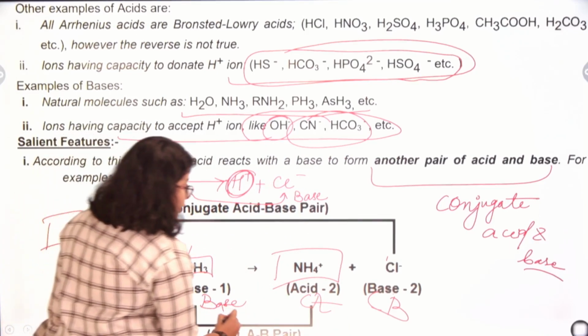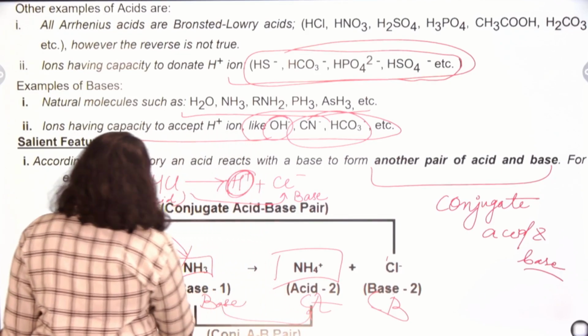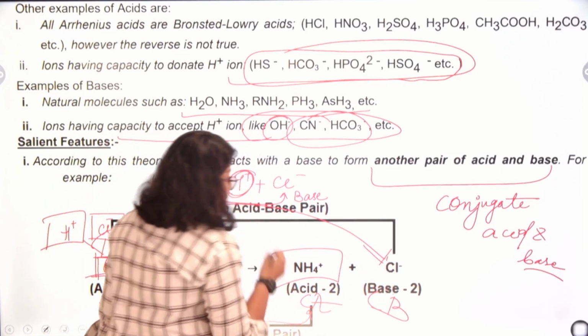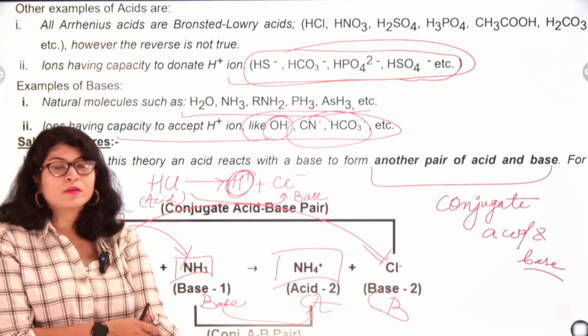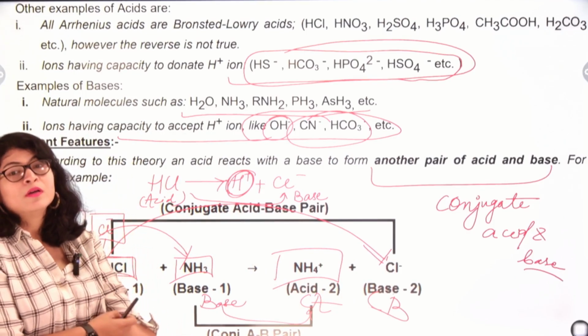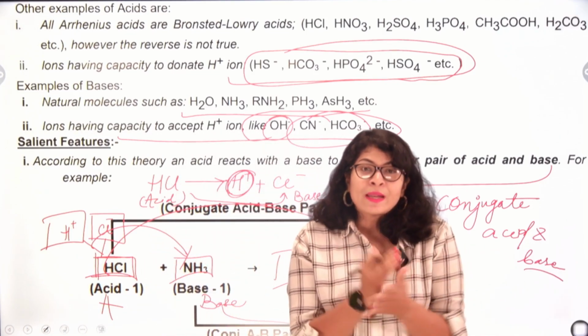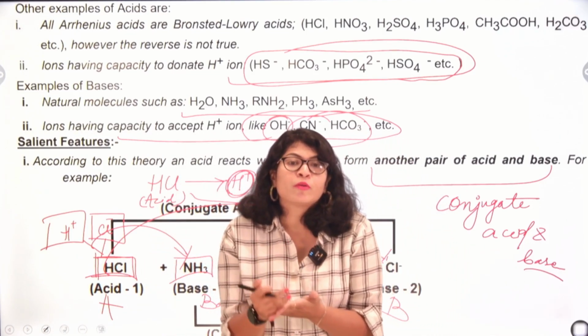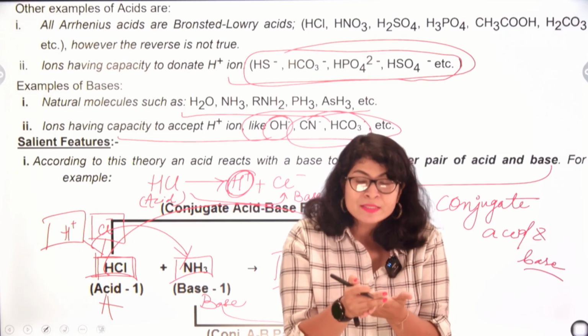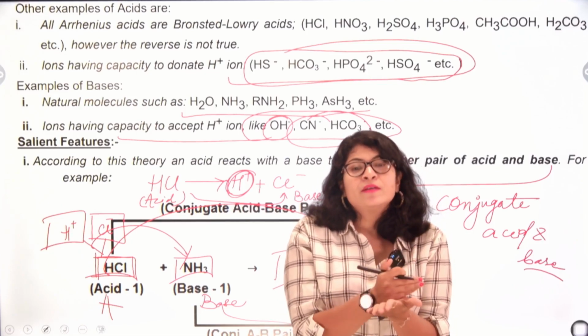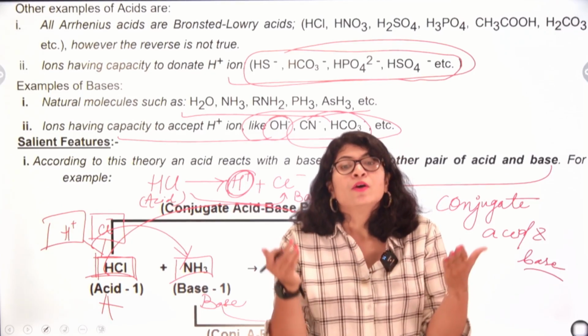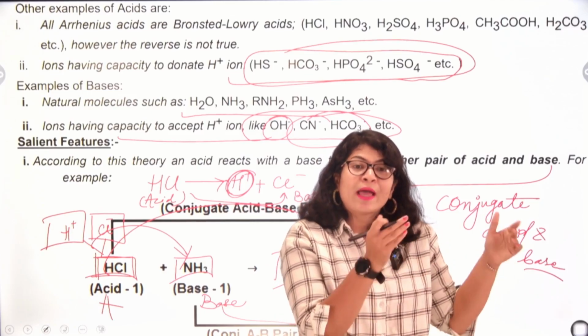So this is a conjugate acid base pair. I hope you understood what the concept of conjugate acid and conjugate base is. An acid always results in the formation of its conjugate base, and a base always results in the formation of its conjugate acid.